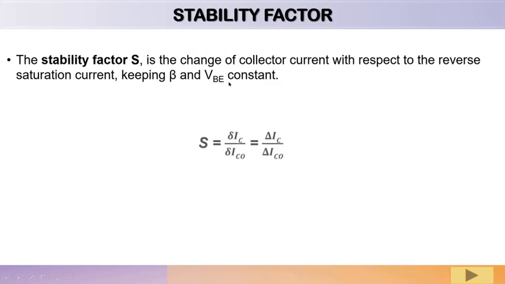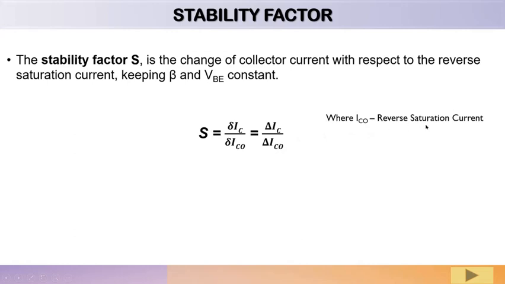It can be expressed like this: S is equal to dou IC divided by dou ICO, which is equal to delta IC divided by delta ICO, where ICO is the reverse saturation current. So this is the stability factor S.